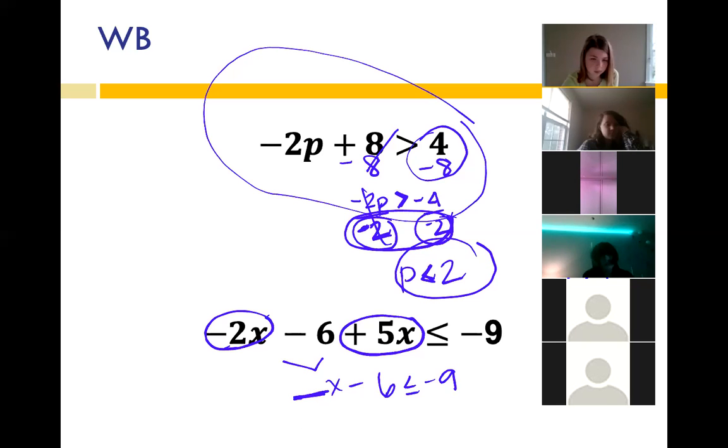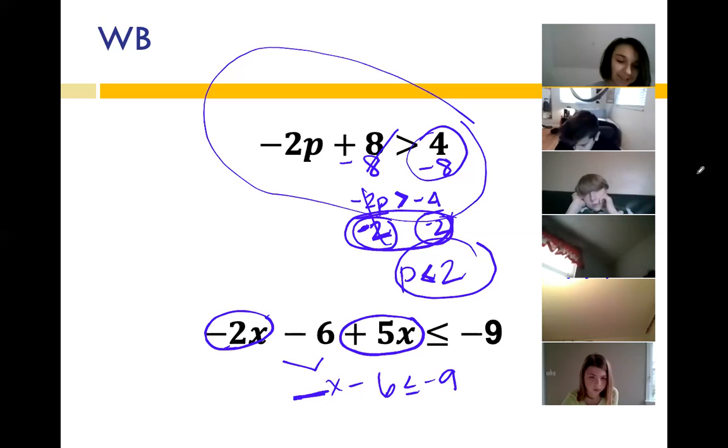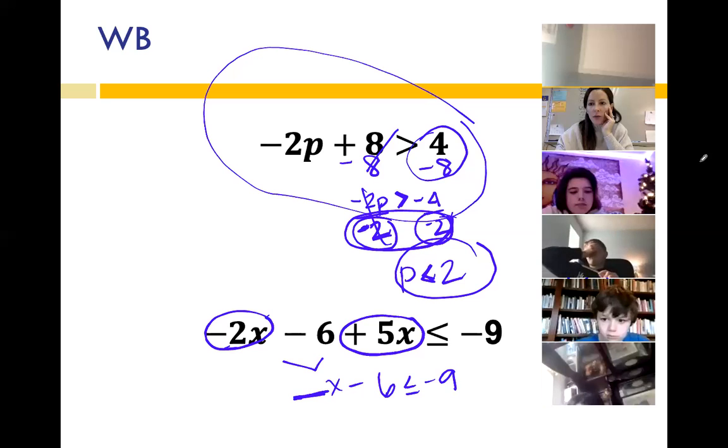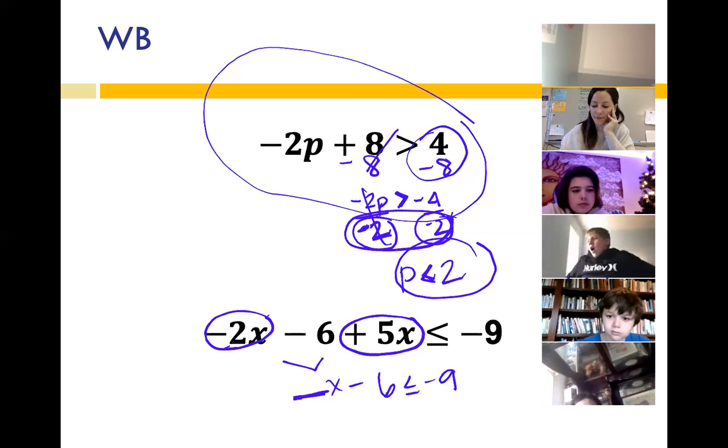All right, who can tell me what you get when you combine negative 2x plus 5x? What would that be? MJ, can you tell me what negative 2x plus 5x is?